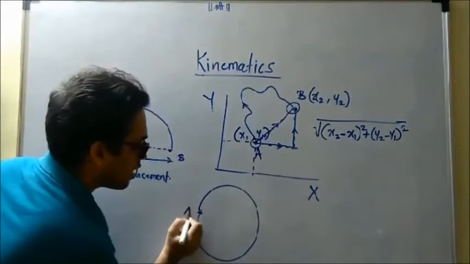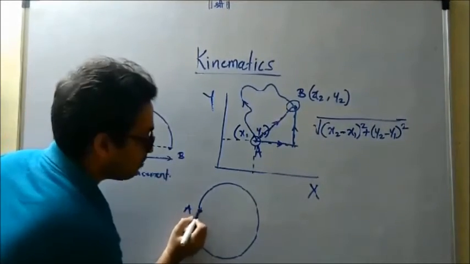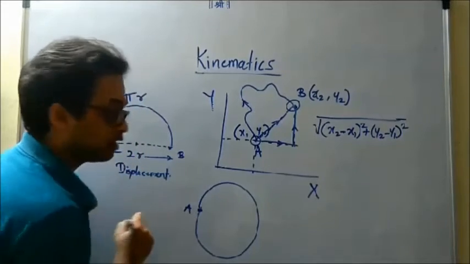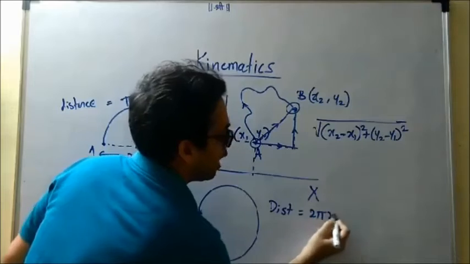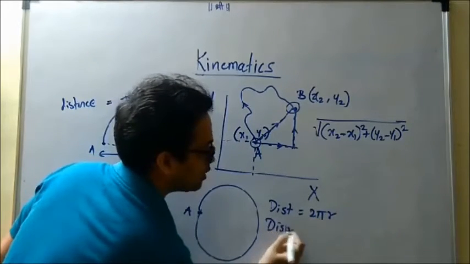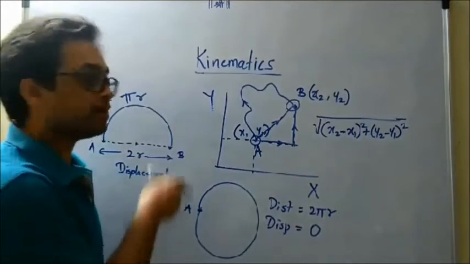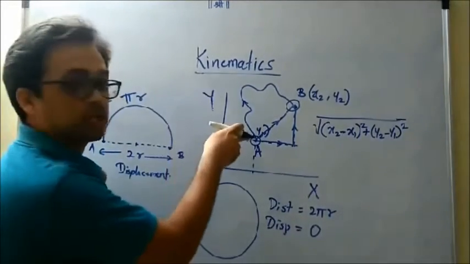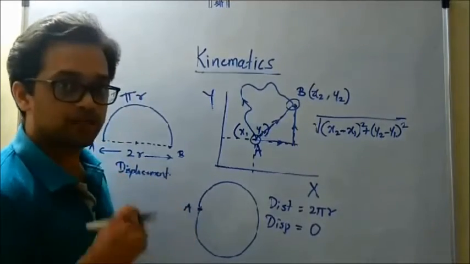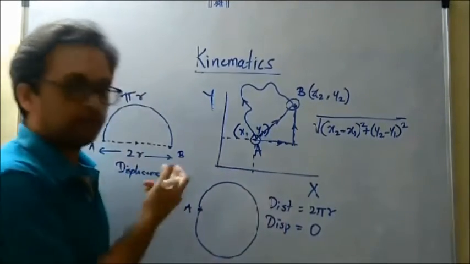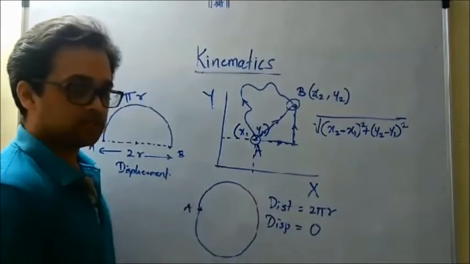If the particle starts from A and then moving around the circle, it ends up again at A, then your distance traveled is 2 pi r, whereas displacement is 0, because there is no net change in the position of the object. Change in the position is displacement. Length of the path traveled is distance. So there is no change in position, displacement is 0.